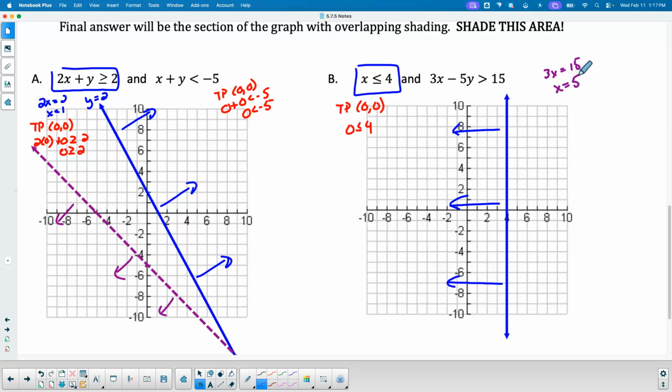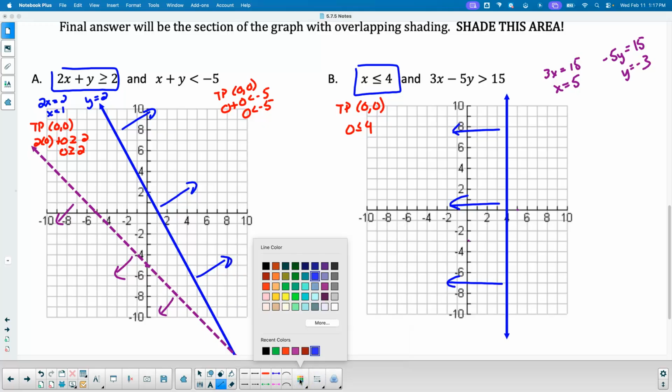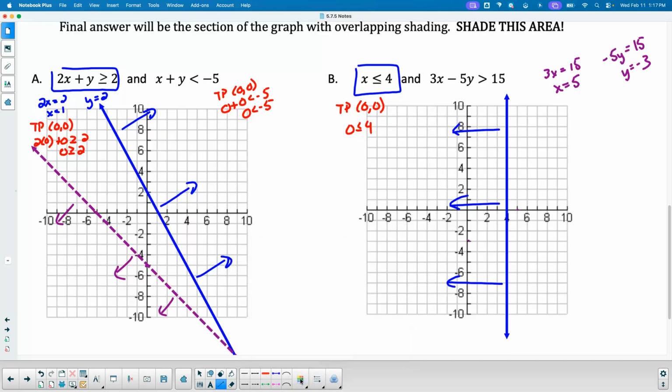3x equals 15, so x equals 5. -5y equals 15, so y equals -3. So I've got an x-intercept of 5. I've got a y-intercept of -3. That's going to be a dashed line. Test point the origin.